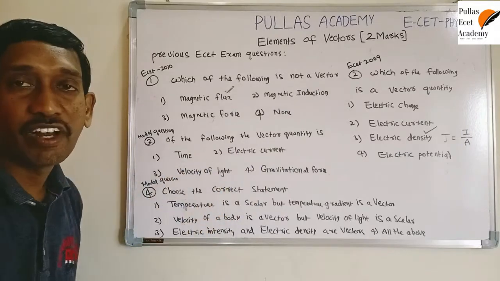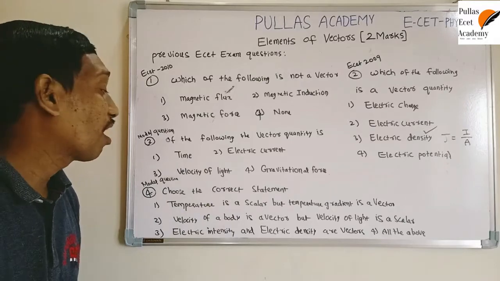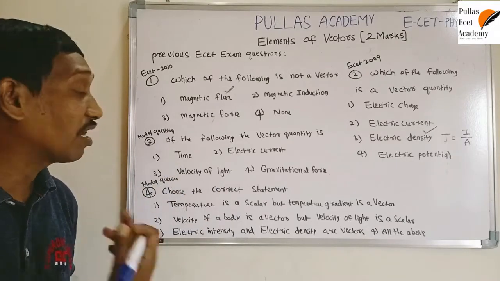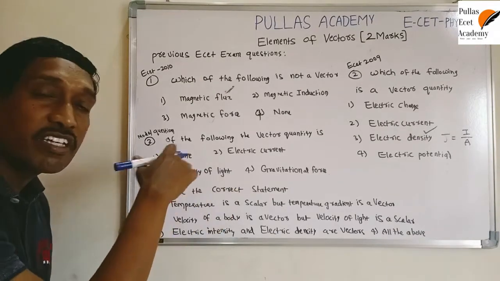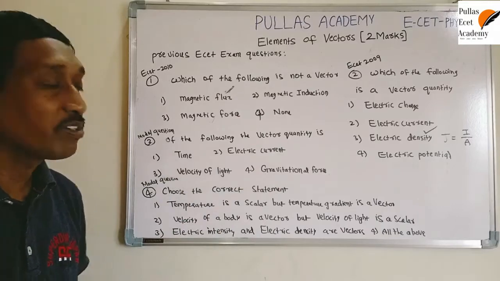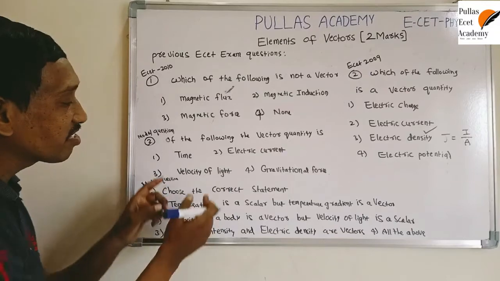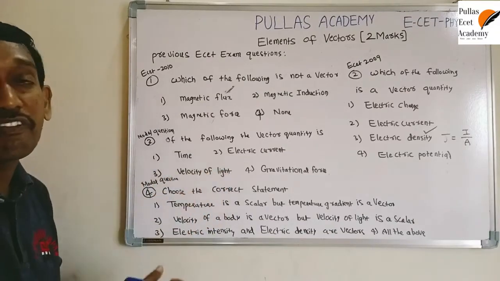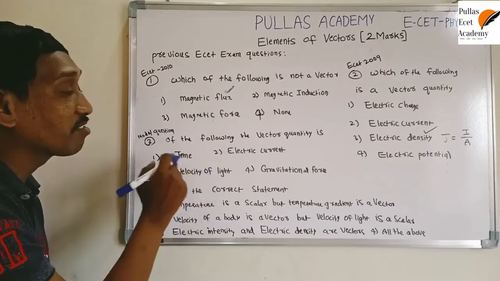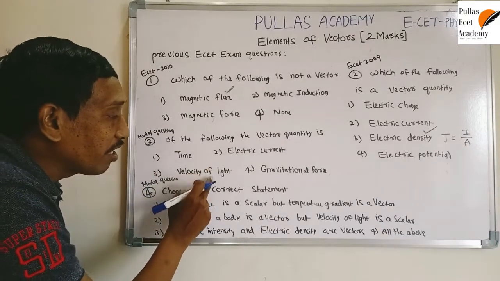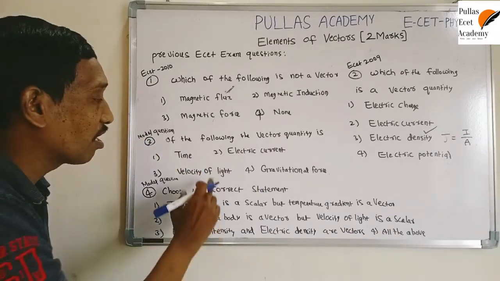Okay, next, velocity of light in vacuum, or speed of light, and velocity of sound, speed of sound, these are all scalars, because velocity of light has both magnitude and direction, but it does not obey the laws of vector addition. Maximum students are confused, thinking that since it has direction, it is a vector. They understood it is a vector, but it is not a vector. Why? Because it does not obey the laws of vector addition.